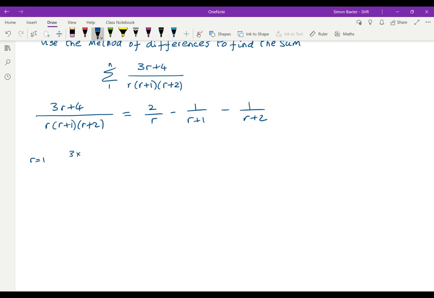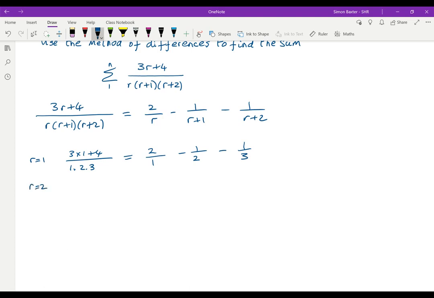On this side, we've got 3 times 1 plus 4 over 1 times 2 times 3. This is where it seems a little bit pedantic, but I write it like this for a purpose. 2 over 1 minus 1 over 2 minus 1 over 3. You won't see any patterns yet.